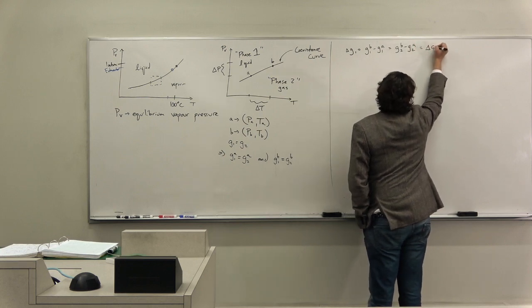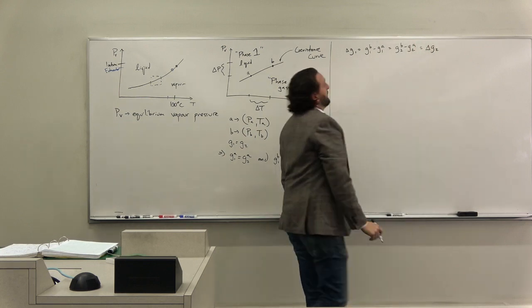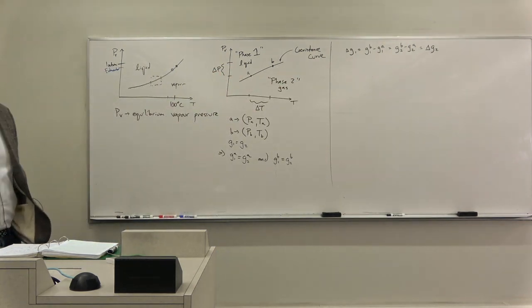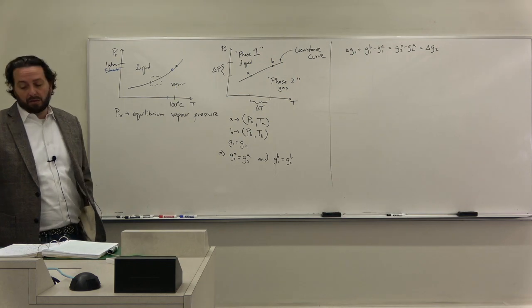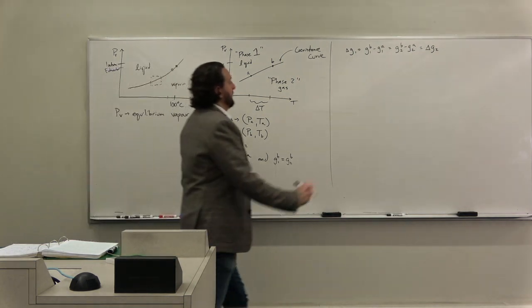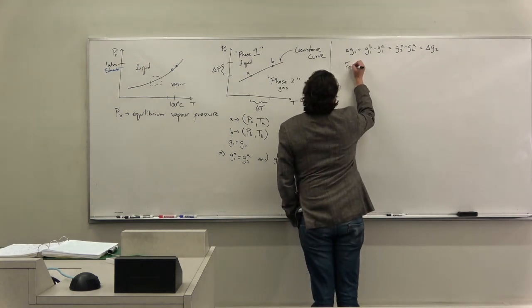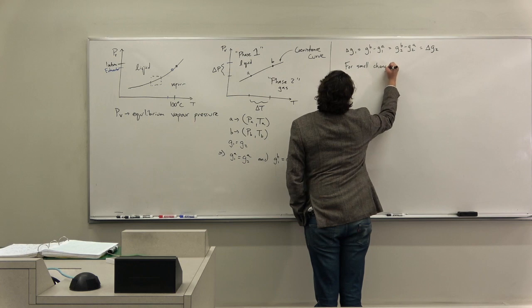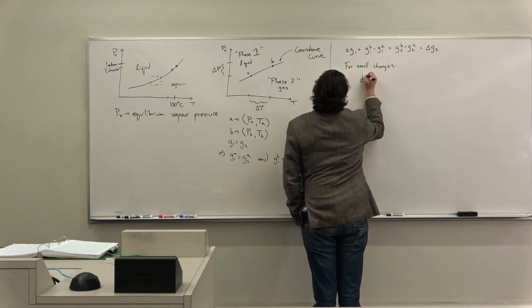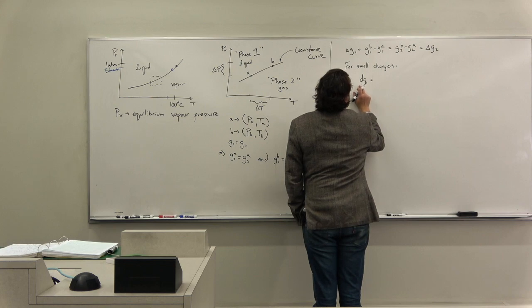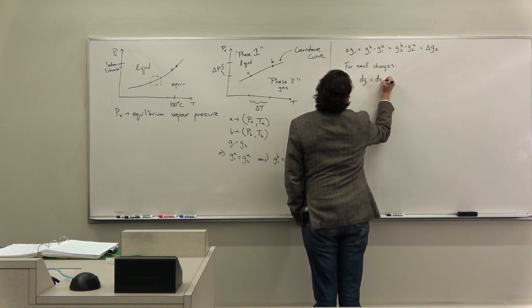And so the change in our Gibbs free energy is equivalent between both phases. And for small changes, we can say dg1 is equal to dg2.